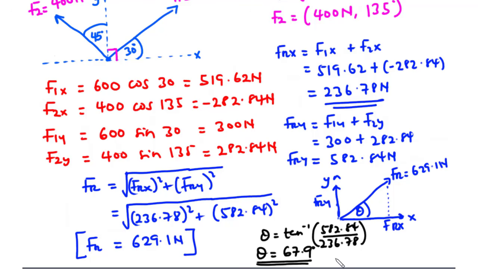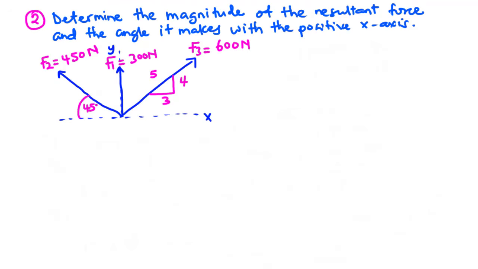So now let's solve the second example. For the second example, we are also going to determine the magnitude of the resultant force and the angle it makes with the positive x-axis. So here we have three forces. We have F1 300 newtons, F2 450 newtons, and F3 600 newtons.